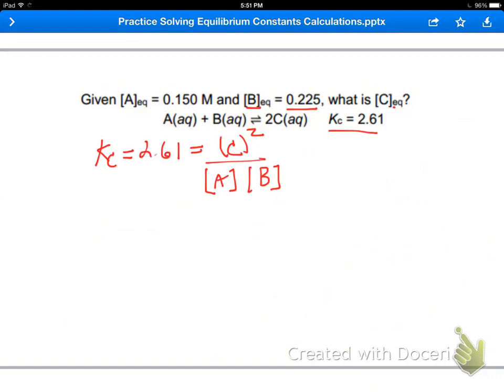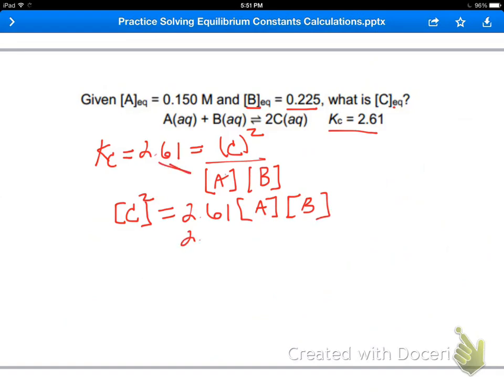So I can rearrange this and say the concentration of C squared equals 2.61 times the concentration of A times the concentration of B, because I'm just cross multiplying here.